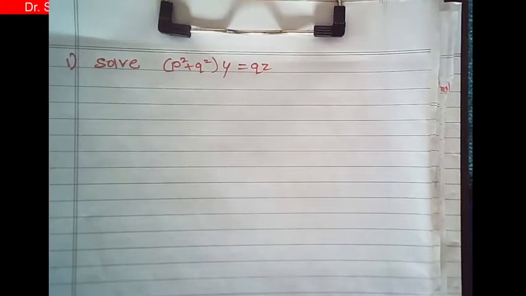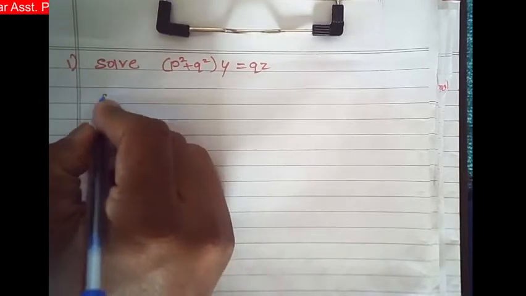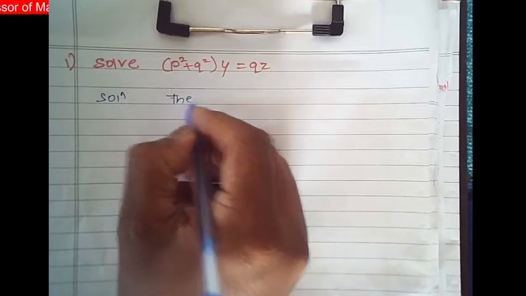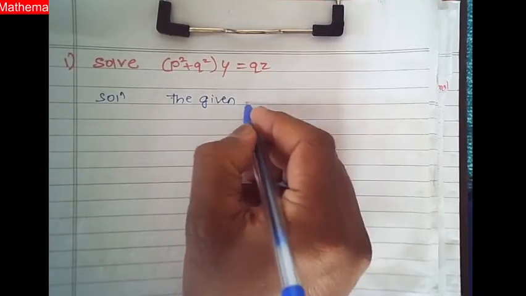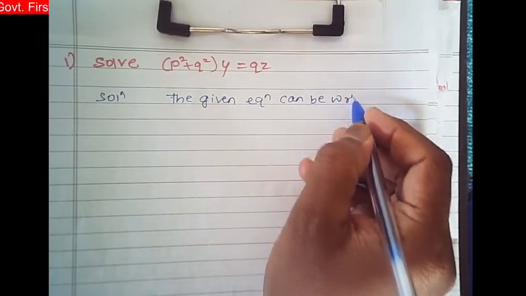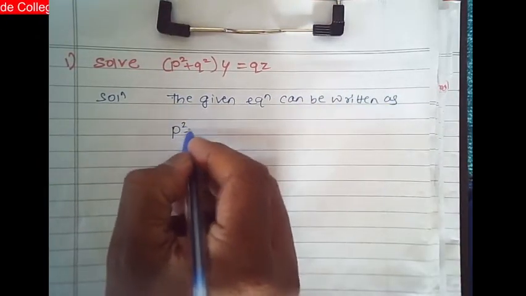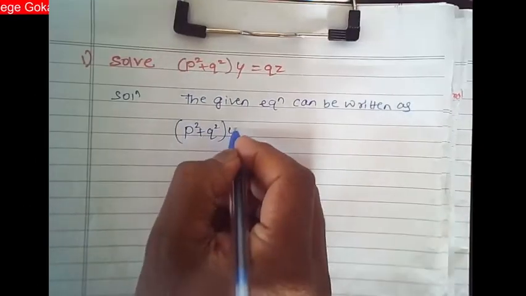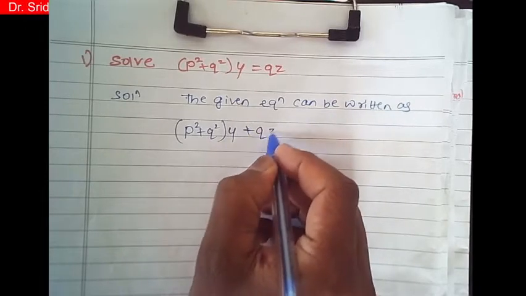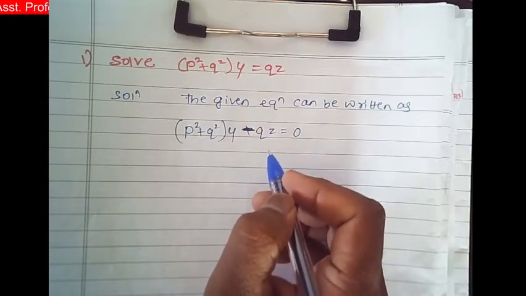Now the given equation can be written as: (p square plus q square) into y, bring this term here, minus qz equal to 0.